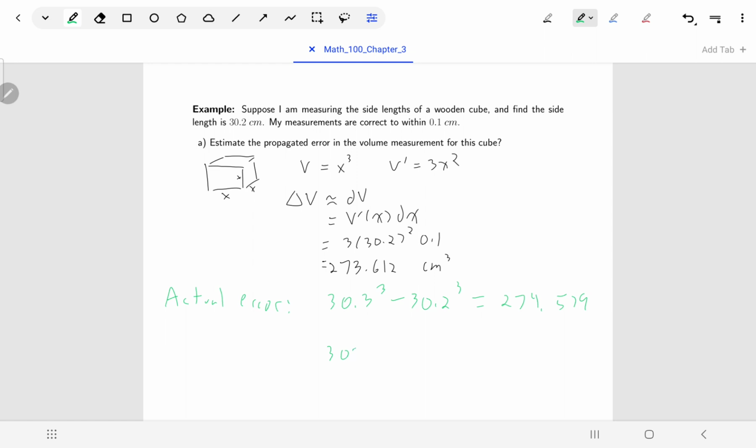I could have an error of 30.2 cubed minus 30.1 cubed. My actual error could be negative 272.707. So I could be overestimating or underestimating things by about 270-ish cubic centimeters, which is very close to what I found with my approximation, 273.612. So that's how much my error might be off. I might be over or underestimating the volume of that cube by as much as 273 cubic centimeters.